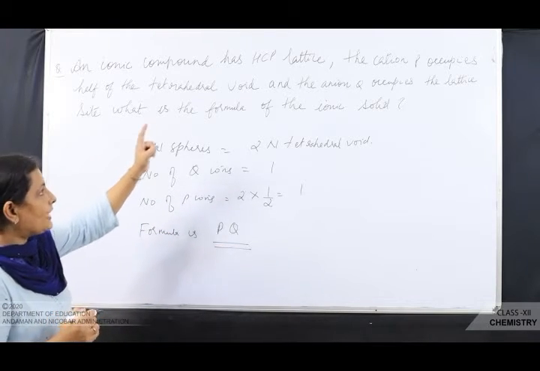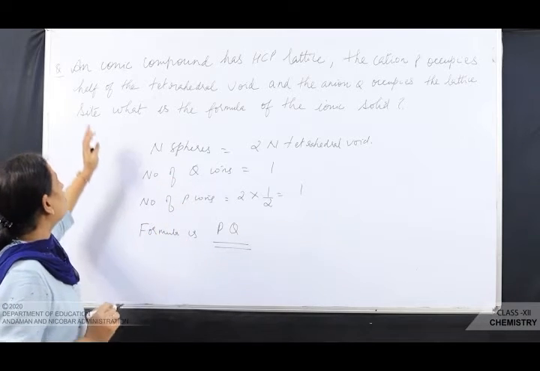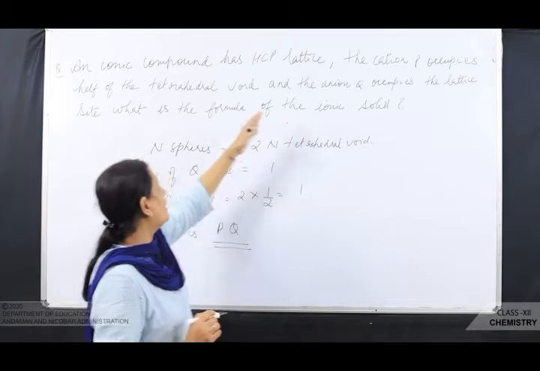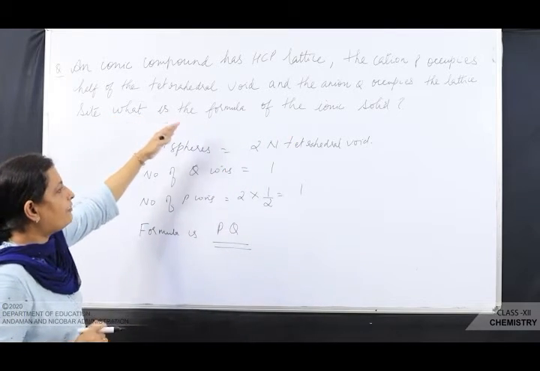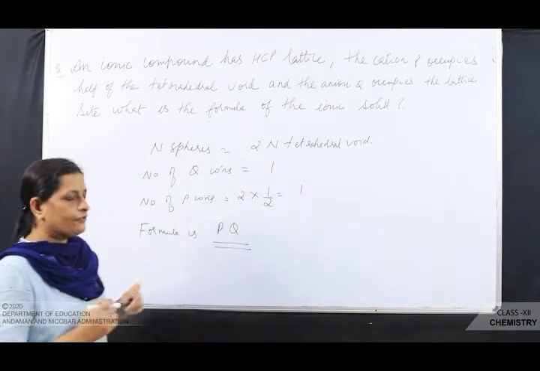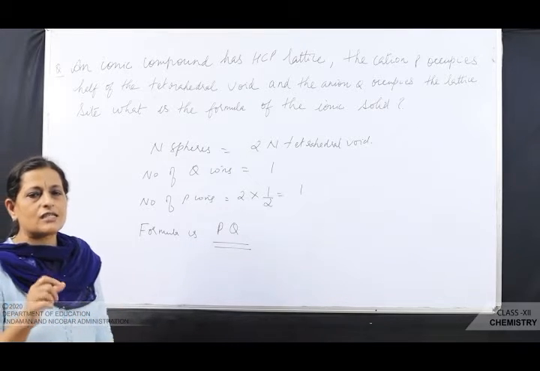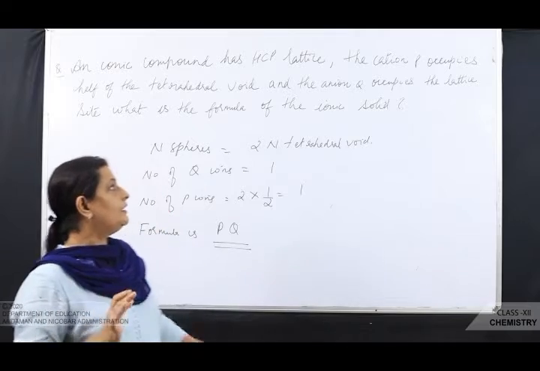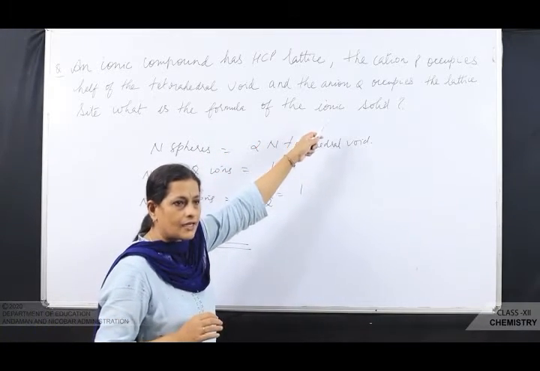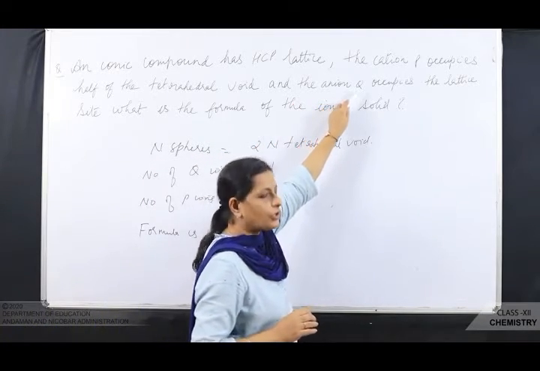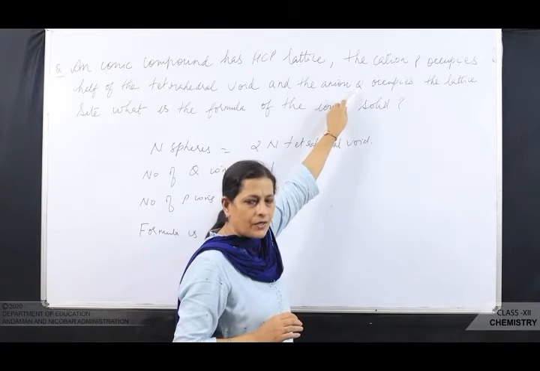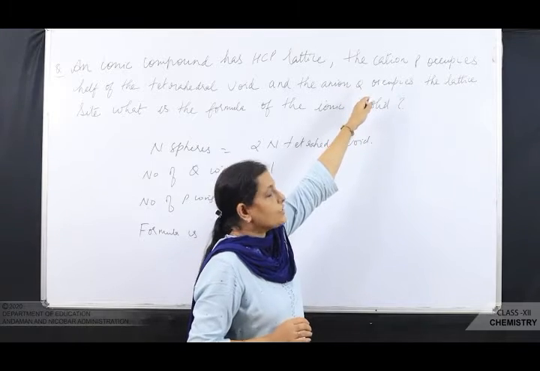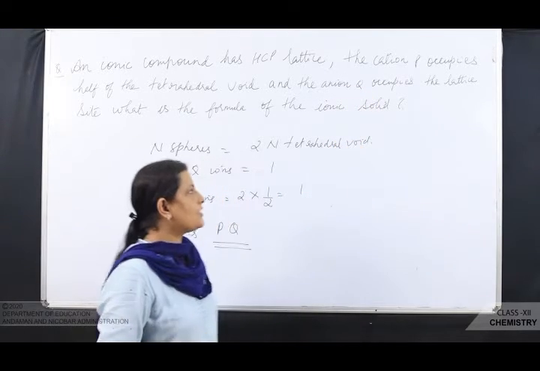Once more I will explain. An ionic compound has an HCP lattice. The cation P occupies half of the tetrahedral voids and the anion Q occupies the lattice sites. What is the formula of the ionic solid? First, you have to identify which ion is occupying the lattice site. That is considered the sphere. Here the anion, Q, is occupying the lattice site, so we consider it the sphere, and the cation P is occupying the tetrahedral void.